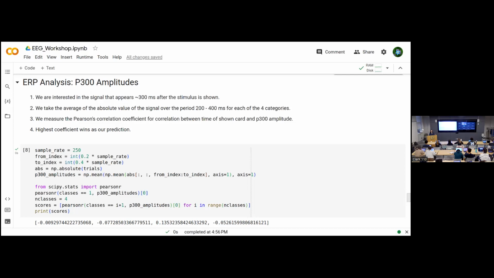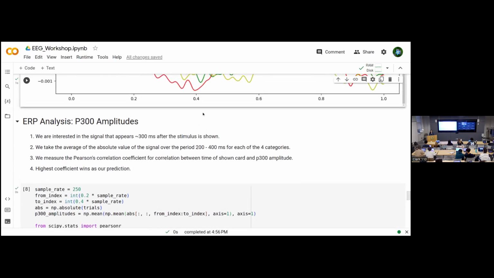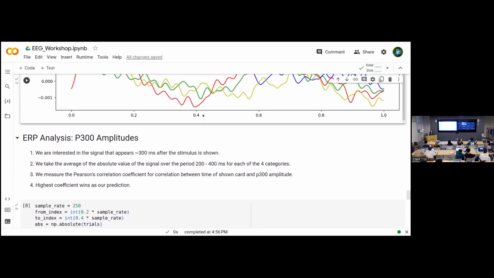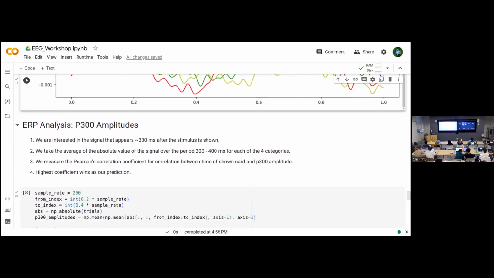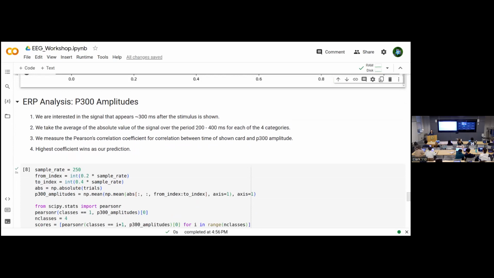That could be an auditory stimulus or a visual stimulus, or many different kinds of stimulus can fall into this category. But it appears about 300 milliseconds after you get the stimulus. So that's what we're interested in right now, and that's why we're going to be interested in a subsegment of the 1 second segment that captures that P300.